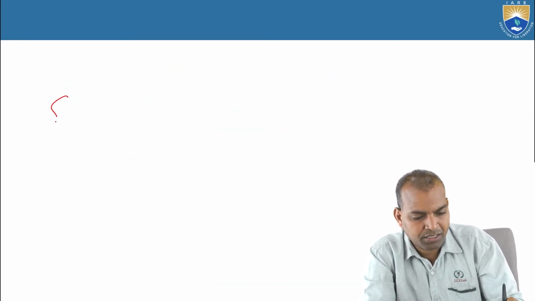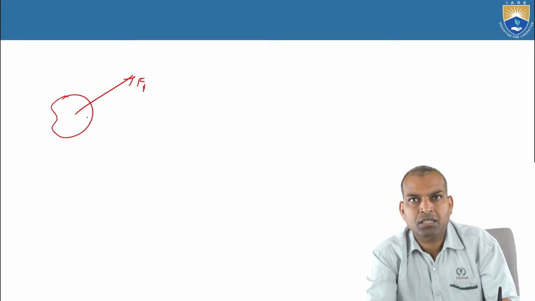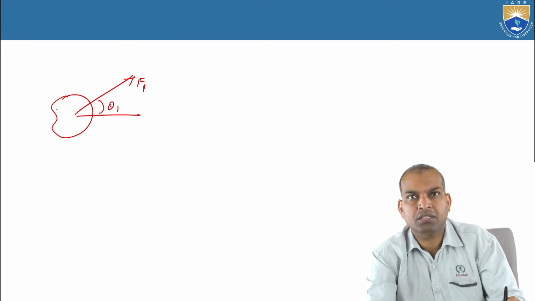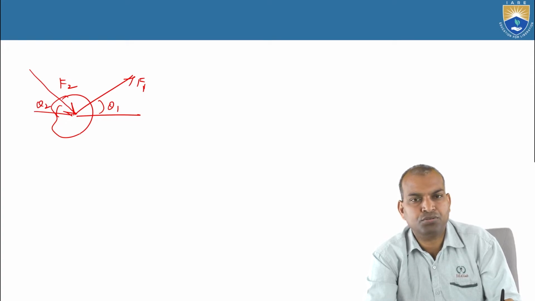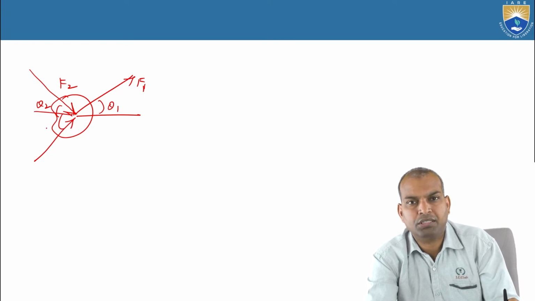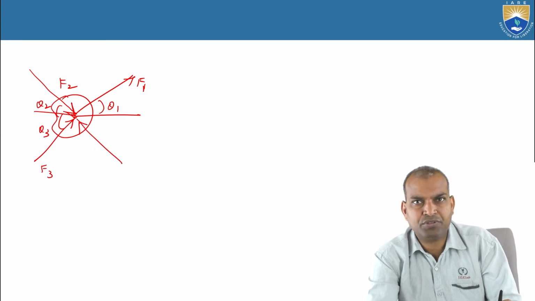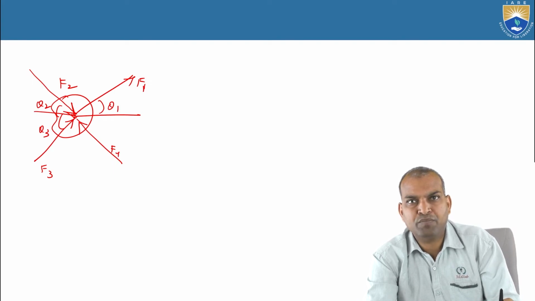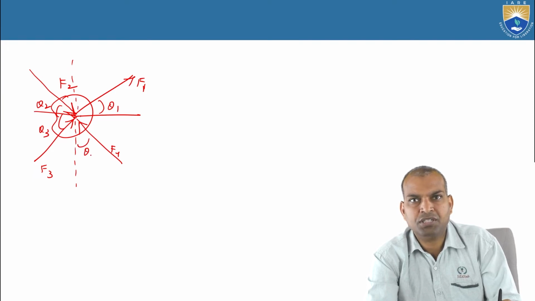What is the case study here? There is a body on which F1 acts in the upward direction at theta 1, and F2 in the downward direction with inclination theta 2. F3 also acts towards the body particle at theta 3, and F4 also acts towards the body, making inclination theta 4.